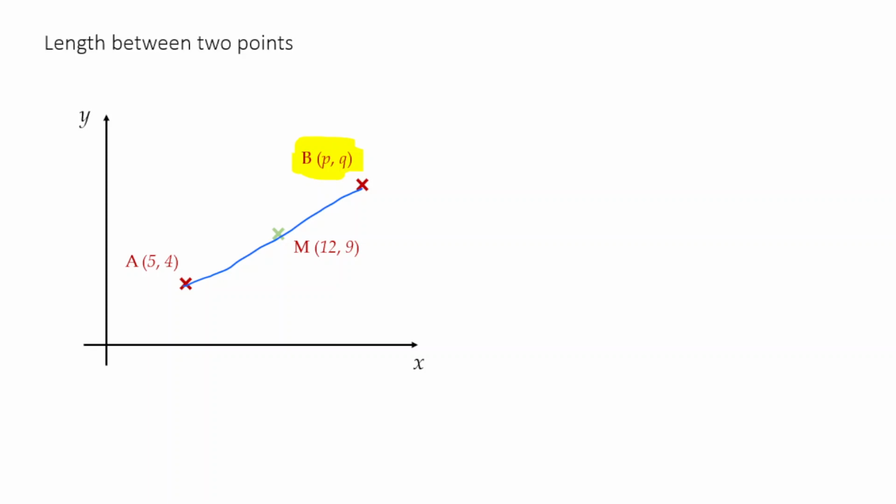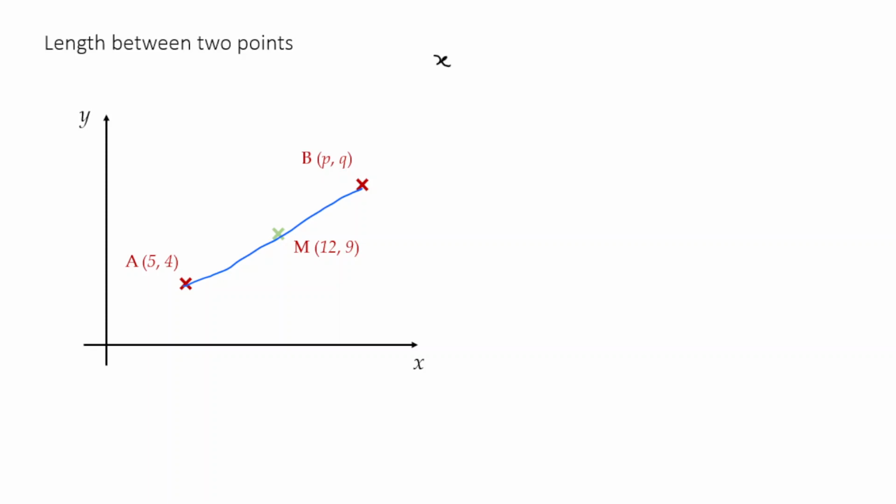That's the values P and Q. But what I do know is the midpoint, right? So can I work backwards from the midpoint to find these values P and Q? Well, probably the simplest way is just to use the formula that I've just given you.